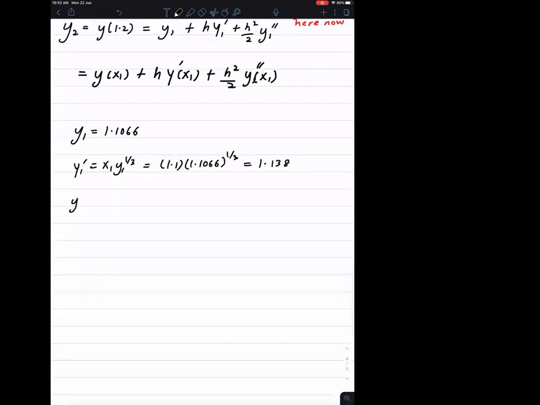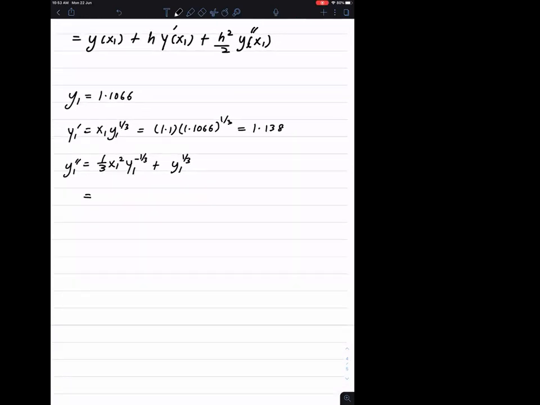y1 double prime is 1/3 x1 squared y1 to the power of minus 1/3 plus y1 to the power of 1/3.